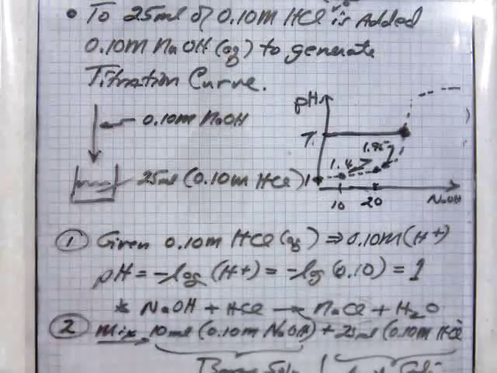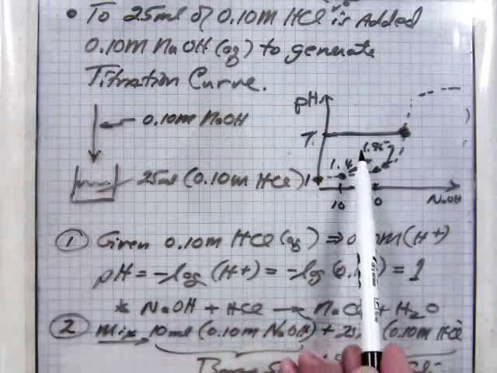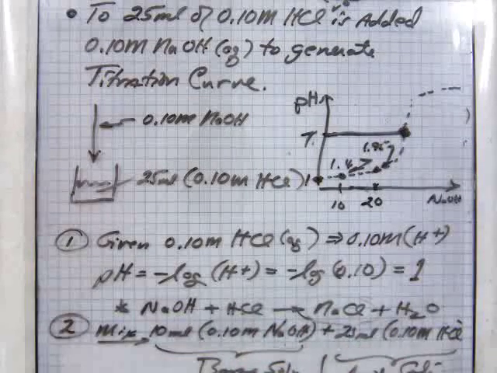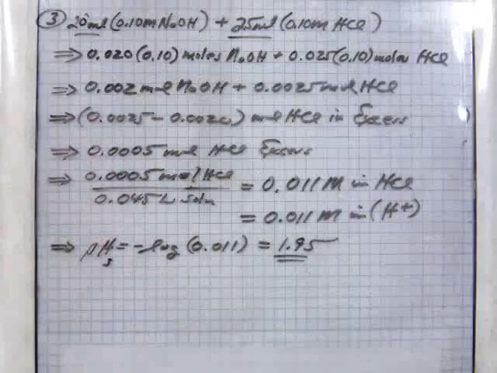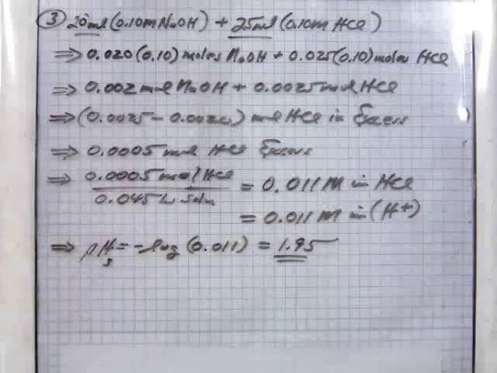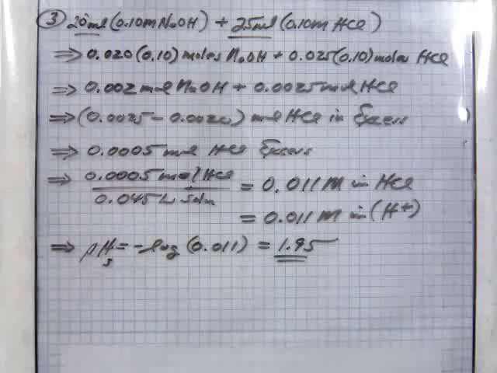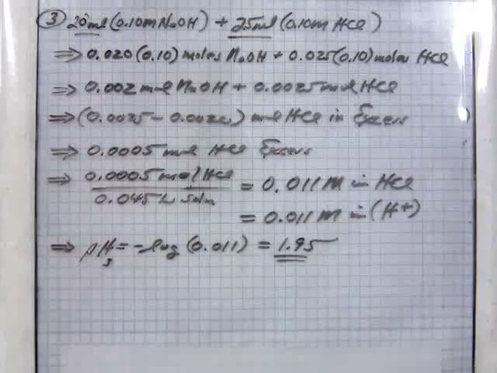So that brings us, at 20 mil addition, up to 1.95, just to illustrate what we're trying to accomplish. This is how the calculation is put together in repetition: starting with the data, convert to moles, look at the 1-to-1 reaction ratio, and take the difference in the moles, and you find out who's in excess. And then from there, you can calculate your pH.